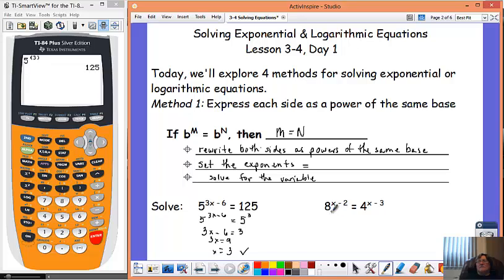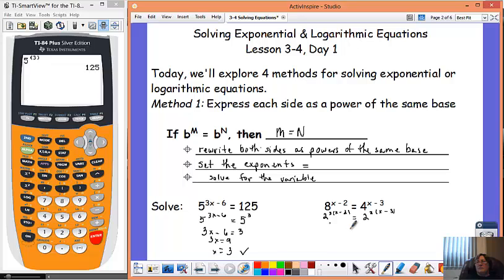This one doesn't look quite as straightforward. However, if you think about it, both 8 and 4 are powers of 2. So let's see if we can't write that 8 as 2 to the third. And that exponent x minus 2 was already there. 4 is 2 squared, so 2 times that exponent that was already there.